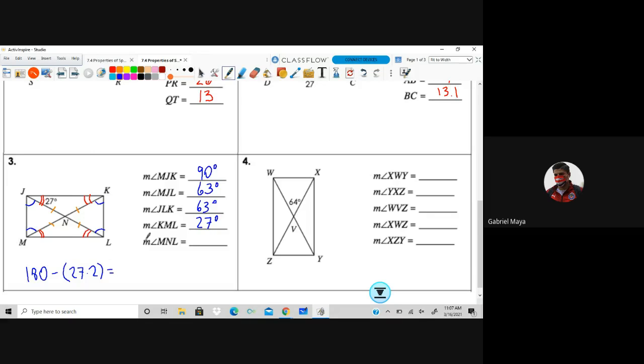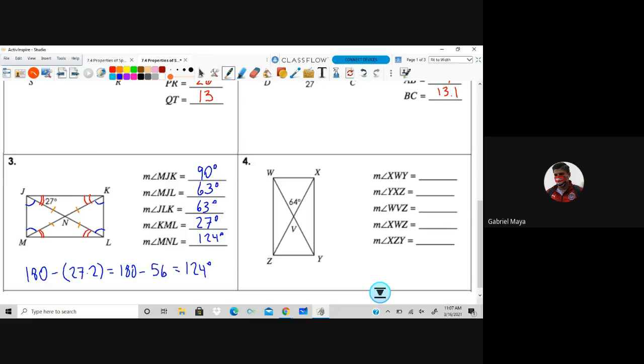So this becomes 180 minus 27 times 2. That's 56. So 180 minus 56 equals 124. So 124 degrees is the measurement of angle MNL.